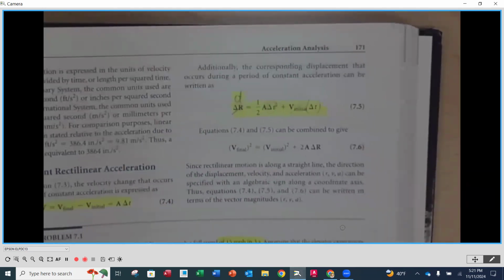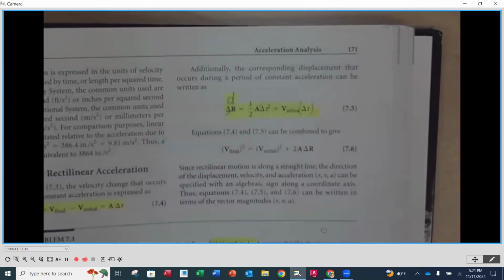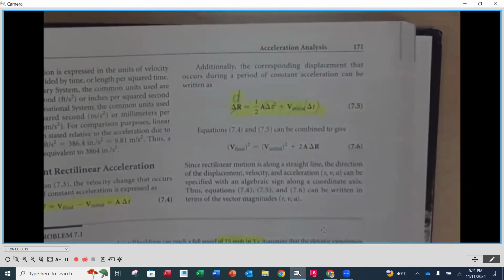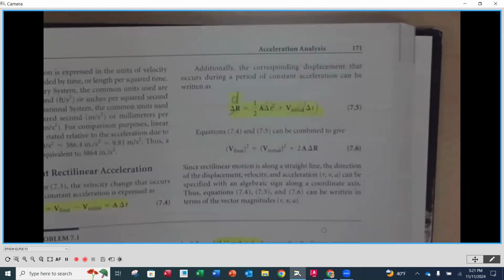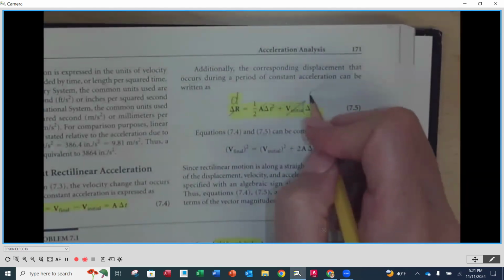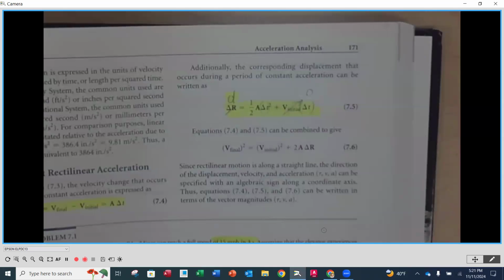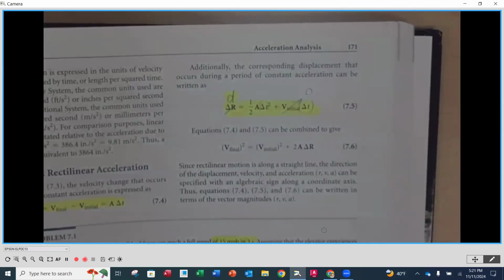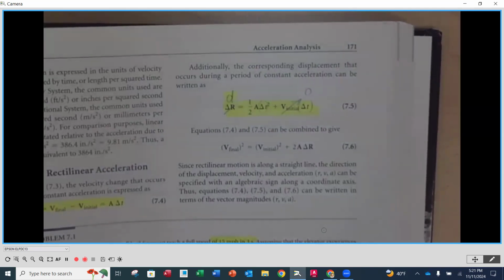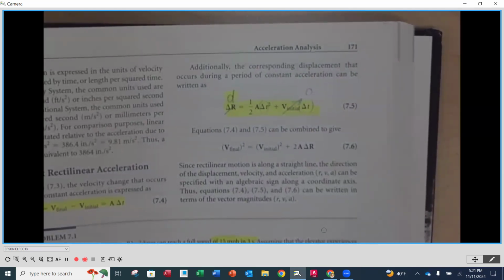So D is equal to 1/2 acceleration times time squared, the time duration that we're looking at, squared, plus, if we do have an initial velocity, we put that value in there times the time. If the initial velocity is starting from rest, it would go to 0, which is many times the case. Again, if it's not specifically stated, that's usually the assumption that we make, just so that you know.